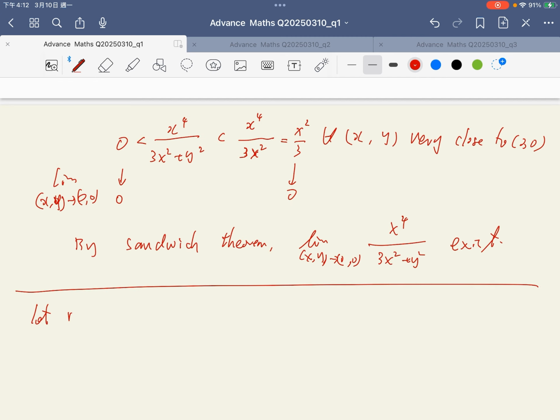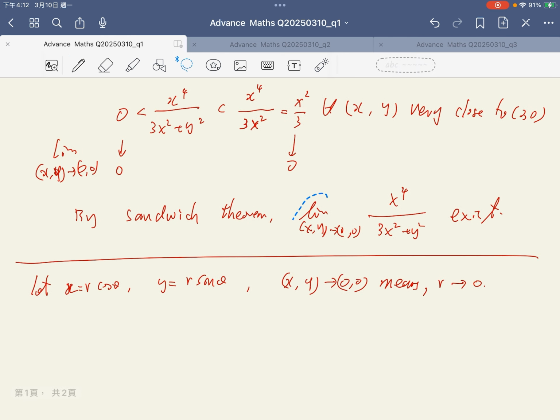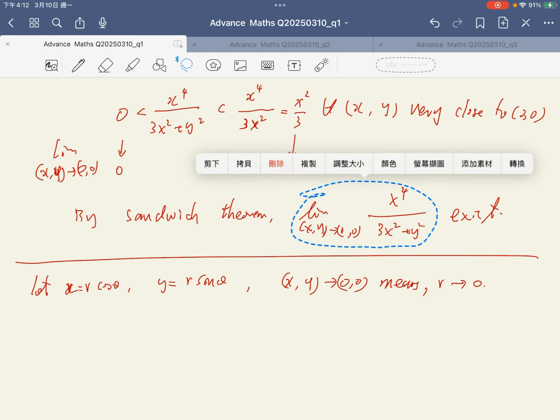Let x equal r cosine theta and y equal r sine theta. Then x, y tend to 0 means r tends to 0.